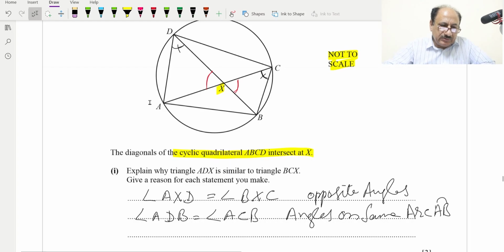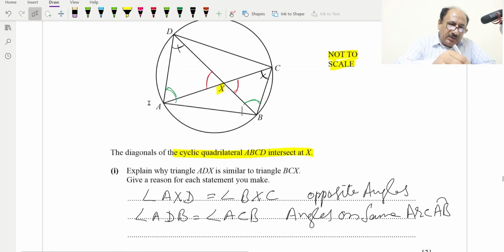Okay, next, third angle is what? Third angle, this one, if I change the color, so this angle will be equal to this angle because they are top angles on arc DC.